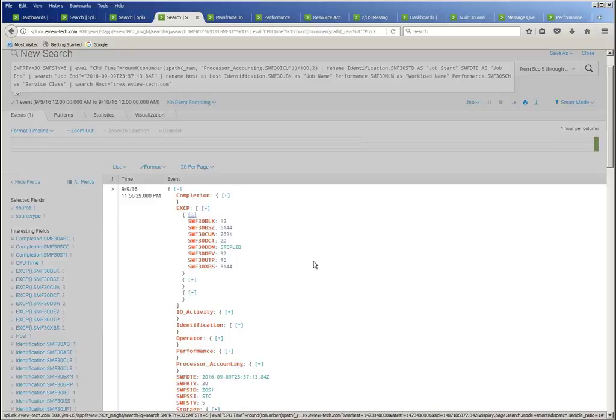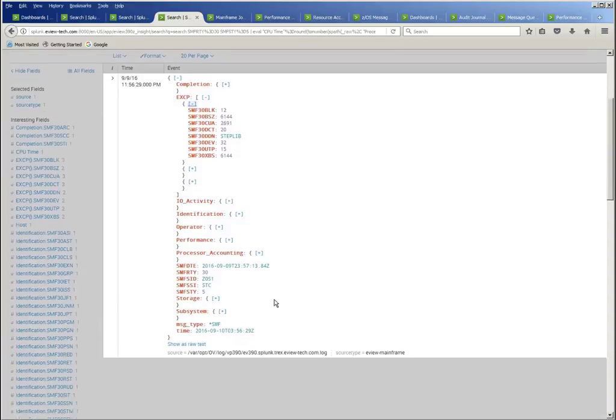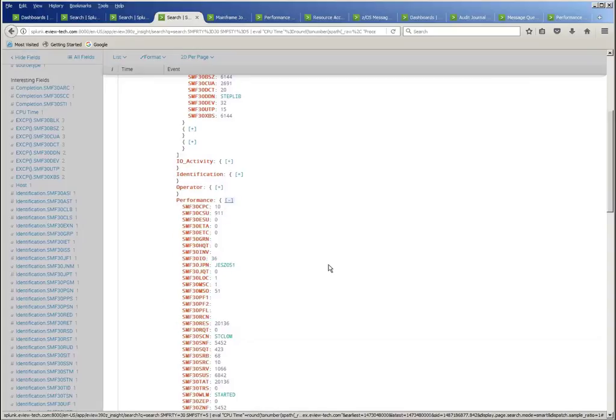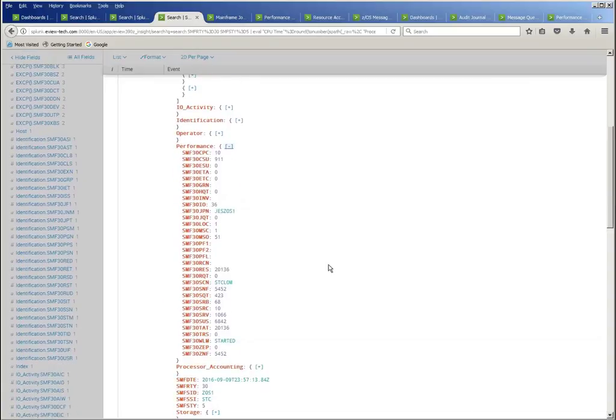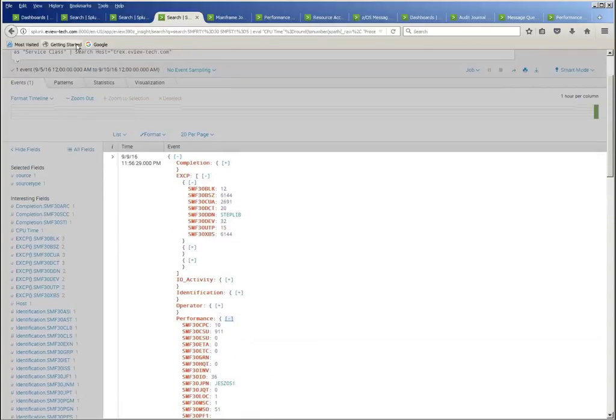For example, we can look by data set, or what's called data definition name, at what kind of IO activity was going on with that system. And we can drill down on any of these different categories to see a lot more detailed information about the particular jobs.